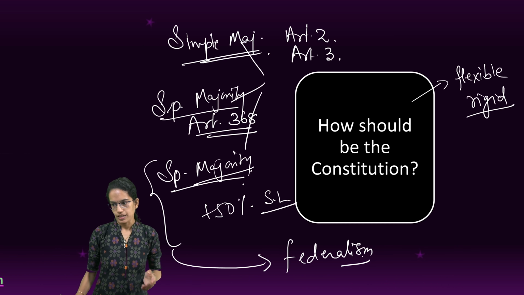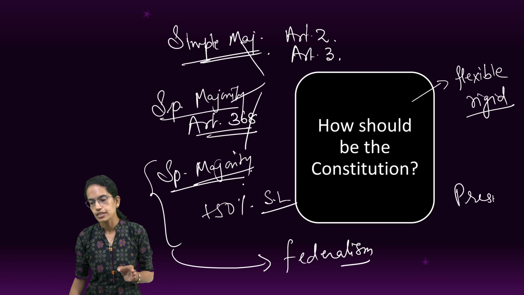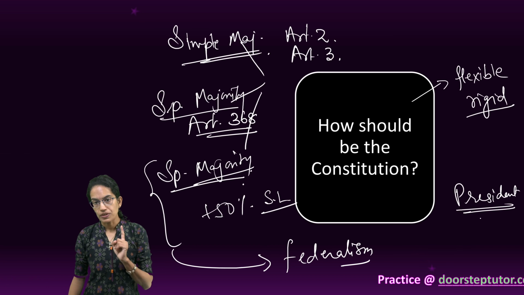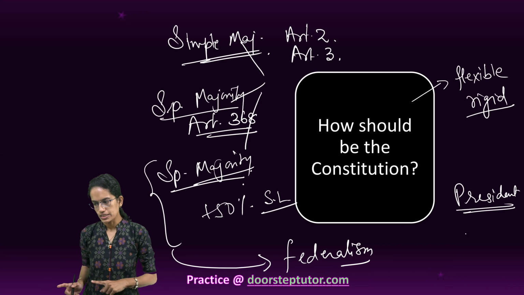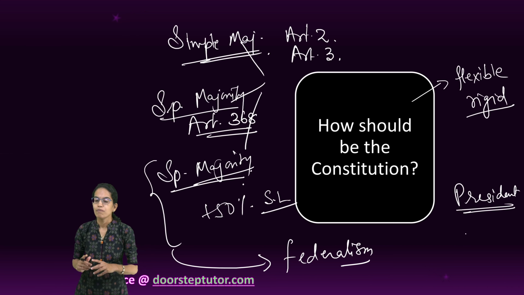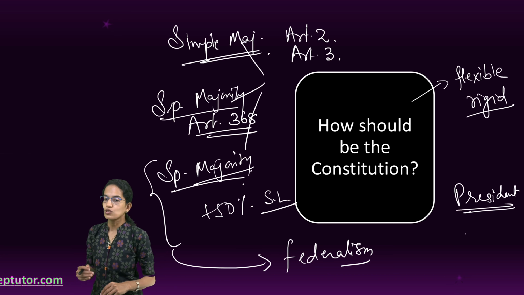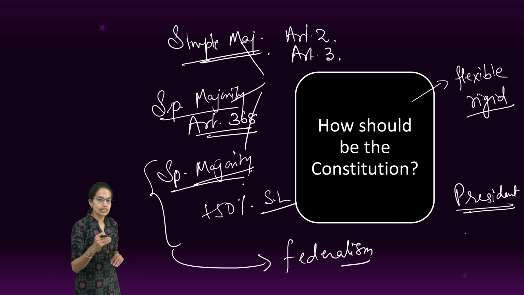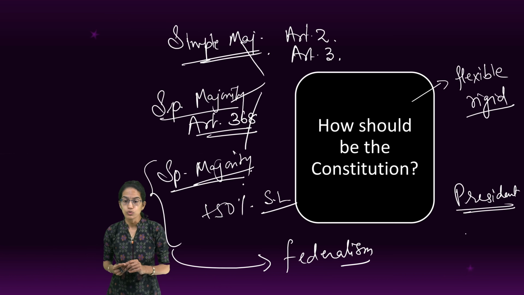Again, an important thing. Now, an amendment bill, like all other bills, goes to the president for consent, but the President, in the case of an amendment bill, has no power to send it back for reconsideration. And this makes the constitution rigid and complicated, right? Because it's not as simple as for other changes in the rules.